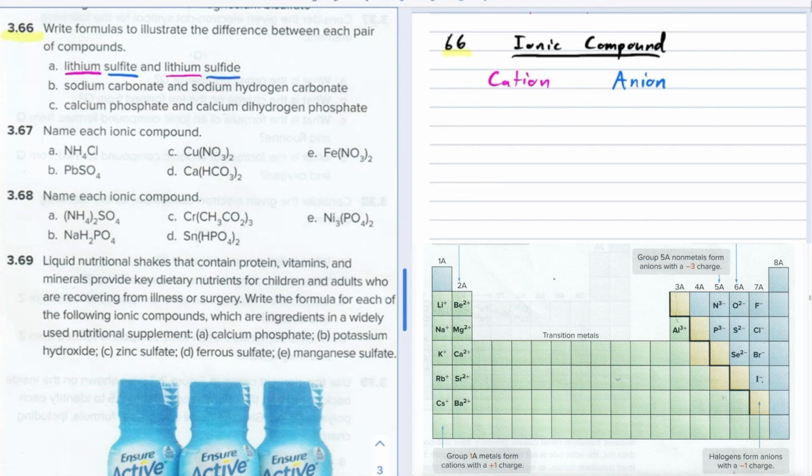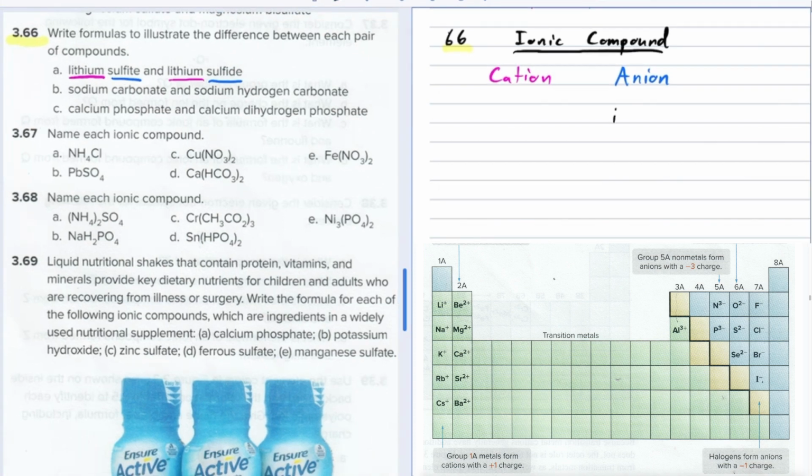So these compound names look very similar: lithium sulfite and lithium sulfide. So what's the difference here? You might think they'd be very similar. Well, they do have lithium and sulfur in them, but remember, for anions, if it ends in "ide," that's normal.